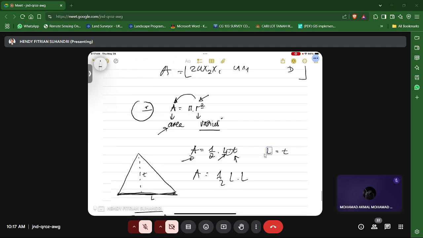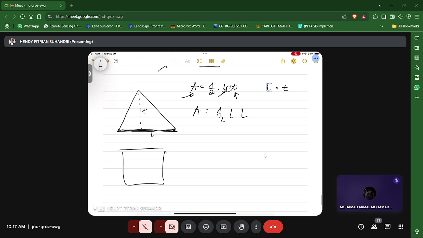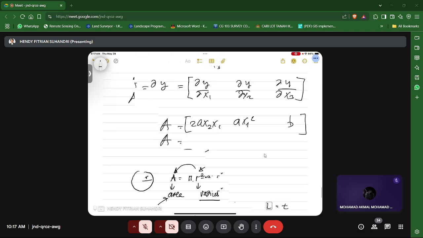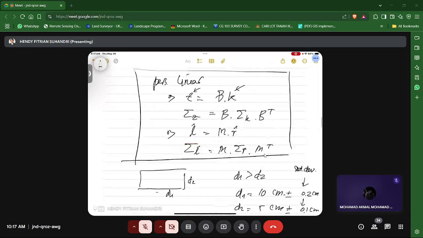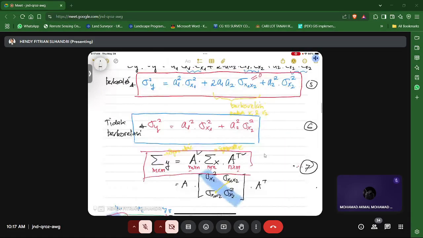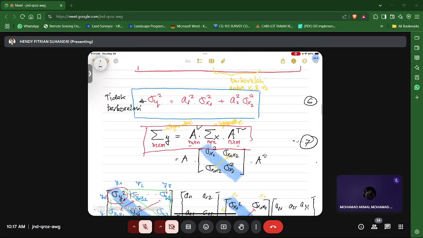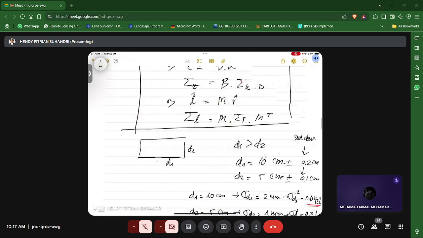But from the equation, we know that last time I wrote that equation 7 as y = Ax.